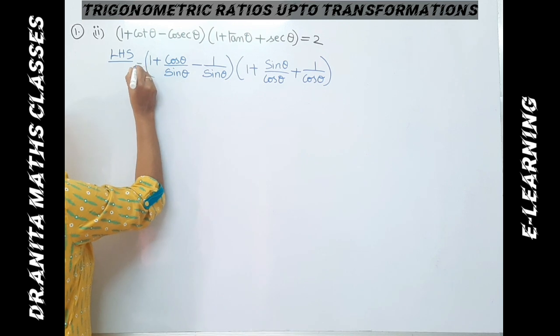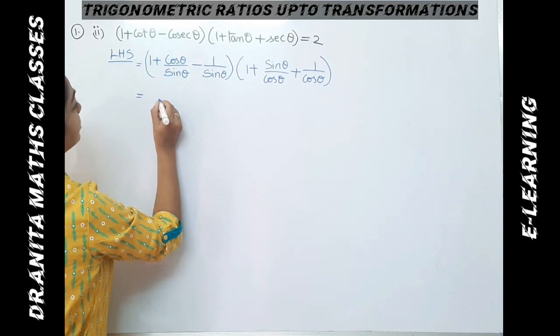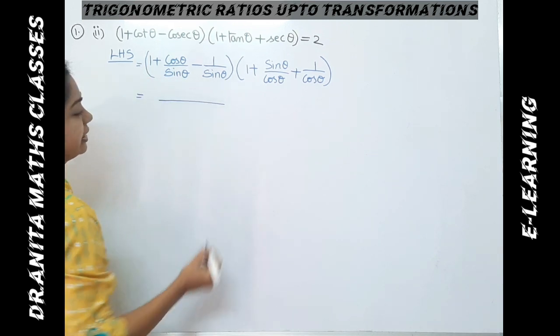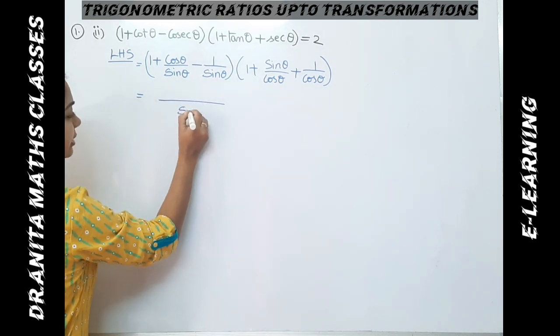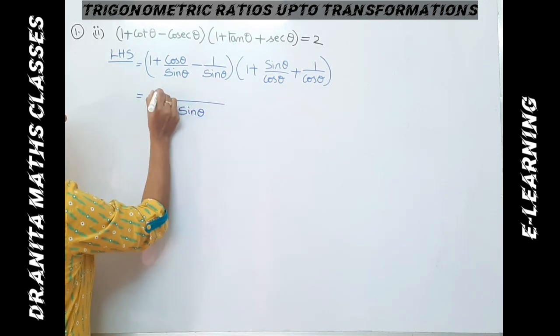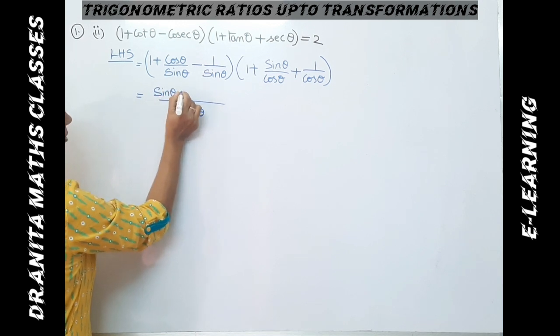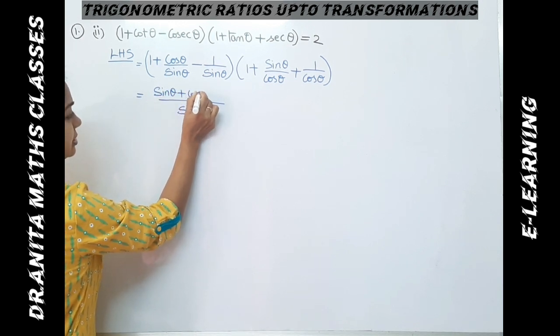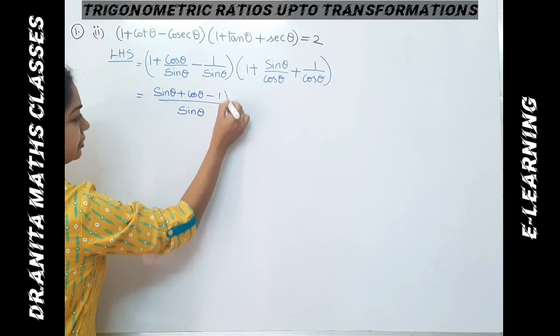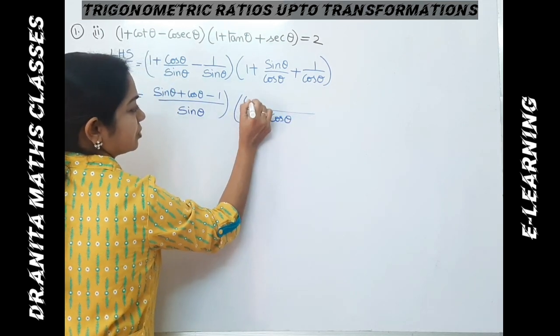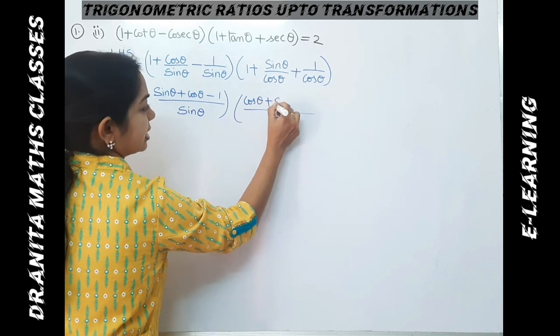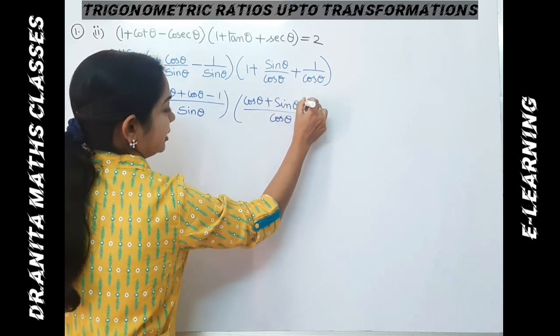So if you start with this, let me take the LCM. Here the LCM is sine, so this comes to sine theta plus cos theta minus 1 over sine theta. And here the LCM is cos theta, so cos theta plus sine theta plus 1 over cos theta.